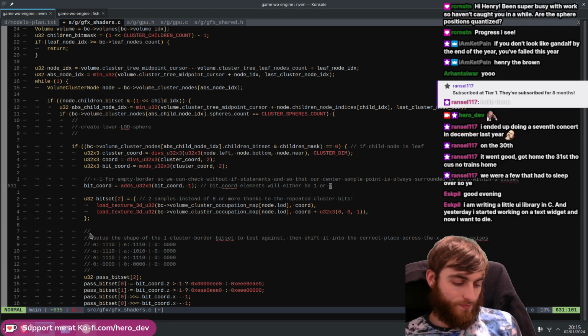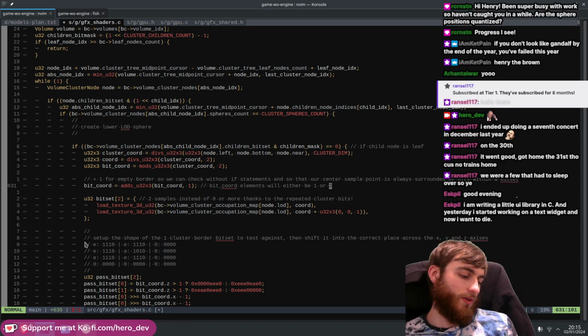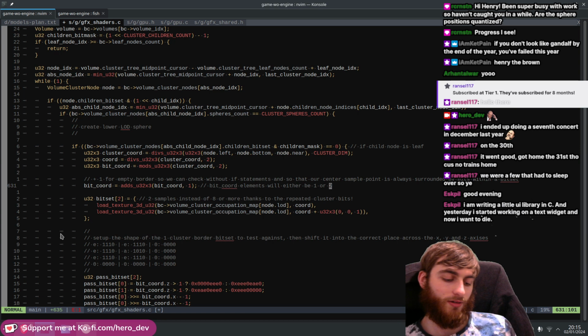I'm writing a little UI library in C, and yesterday I started working on a text widget, and now I want to die. Wow. Yeah, writing UI is fun, and you can cut a lot of corners when you don't need stuff. But yeah, writing a text field isn't that bad.